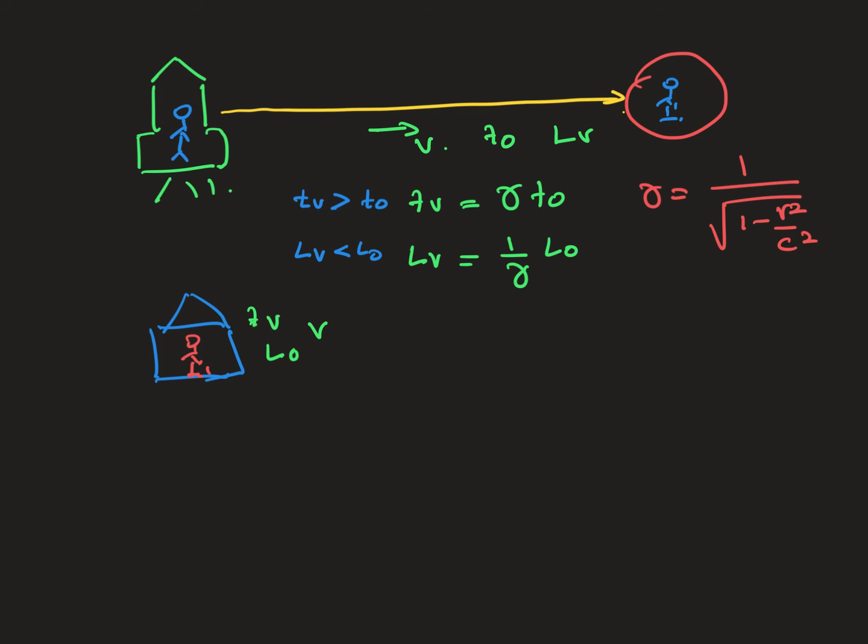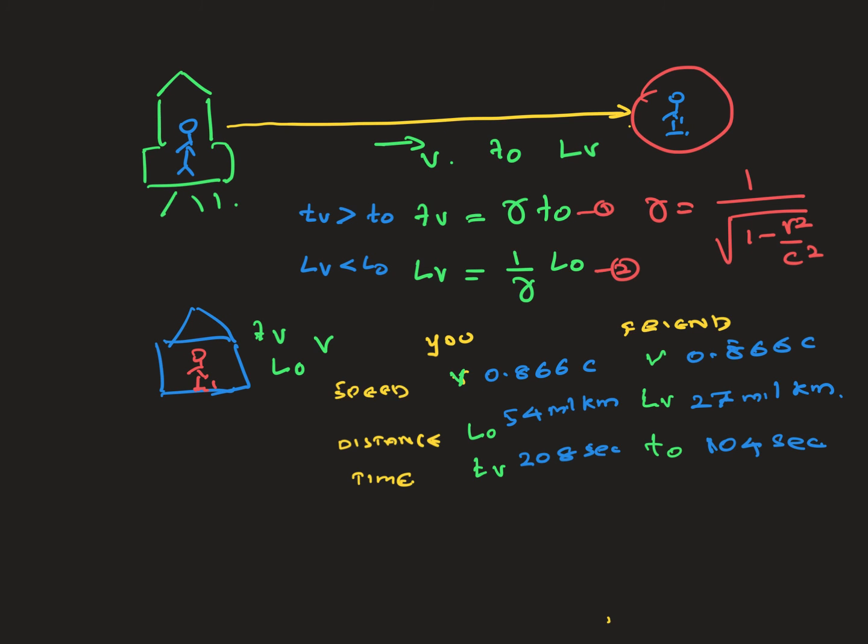So let's punch in those numbers from the previous example, assign them to these variables, and find out whether you and your friend were right. You both agreed on the speed at which the spacecraft went to Mars, which is 0.866c, 0.866 times the speed of light.